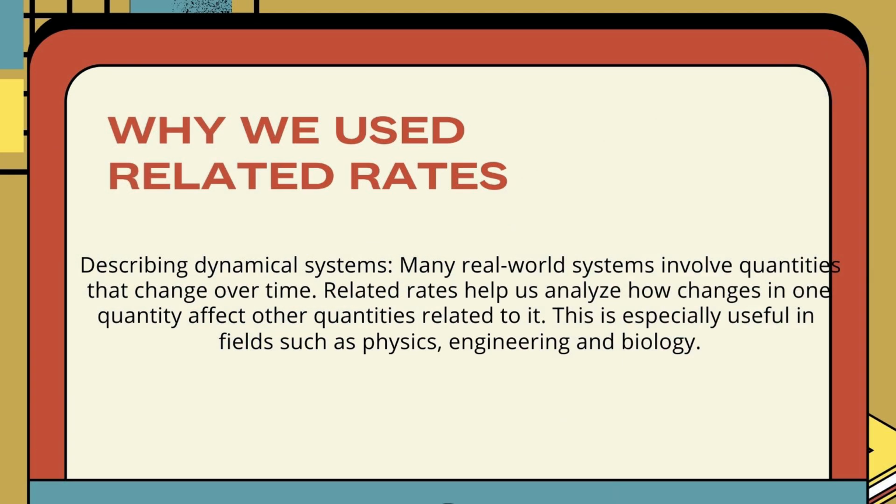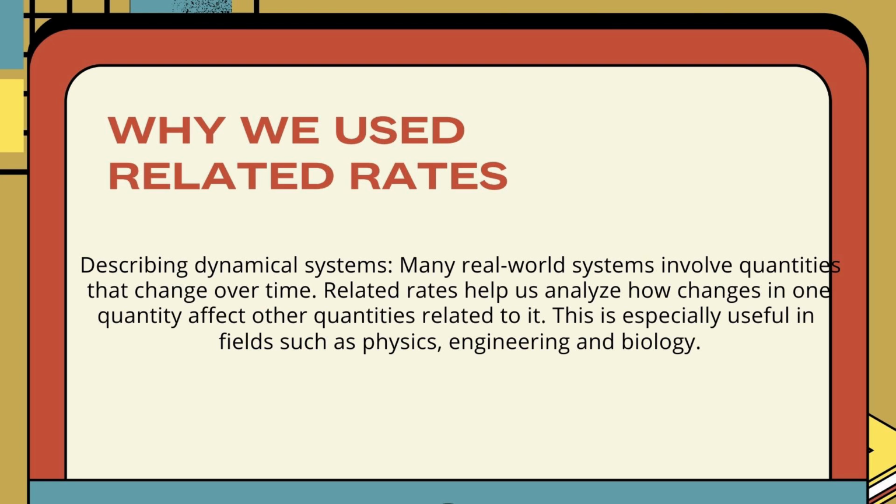Let's explore this slide titled Why We Use Related Rates. This slide highlights the significance of related rates in understanding and analyzing real-world systems. It states that many systems in the real world involve quantities that are constantly changing over time.